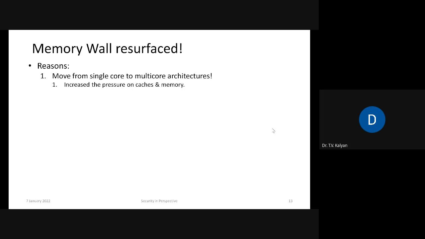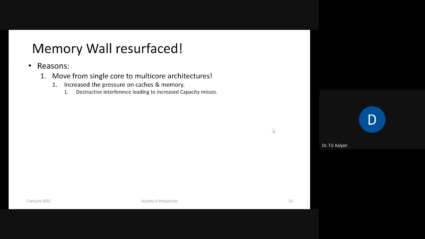Effectively, there can be 8 times the number of accesses, and not only the numbers, it also increases the demand on the bandwidth, meaning that we can get an increased number of requests at any given time, right? So this has led to a lot of destructive interference at the cache and memory, right?